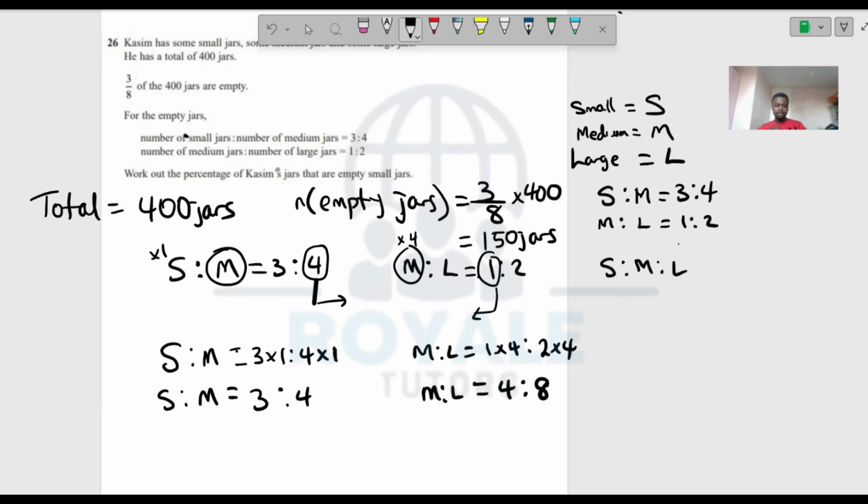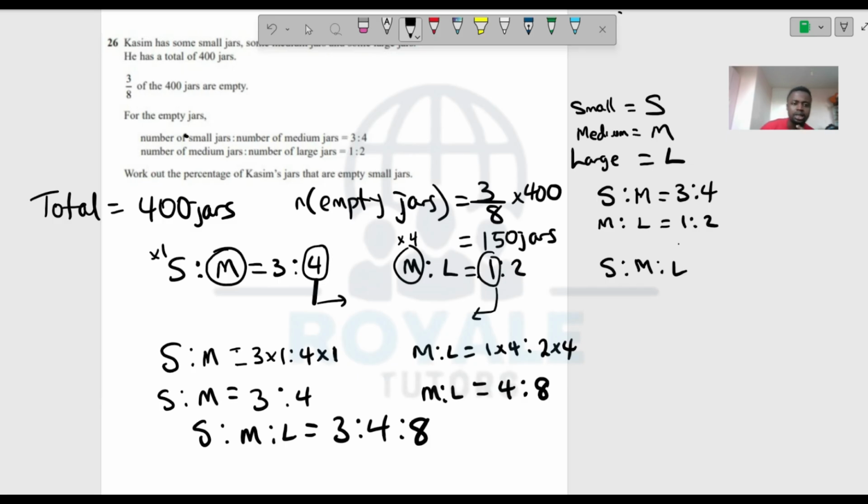Looking at this now, you realize that the M that is common to both of them now has the same value. That means to write S ratio M ratio L is going to be 3, you pick just one of them since the values are the same, then you have 8. So this is the ratio of the number of small jars to the number of medium to the number of large, because they said for the empty jars, this is how it follows.